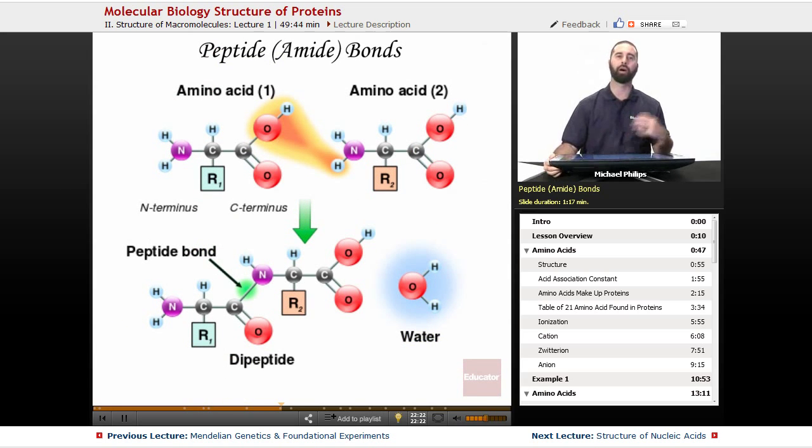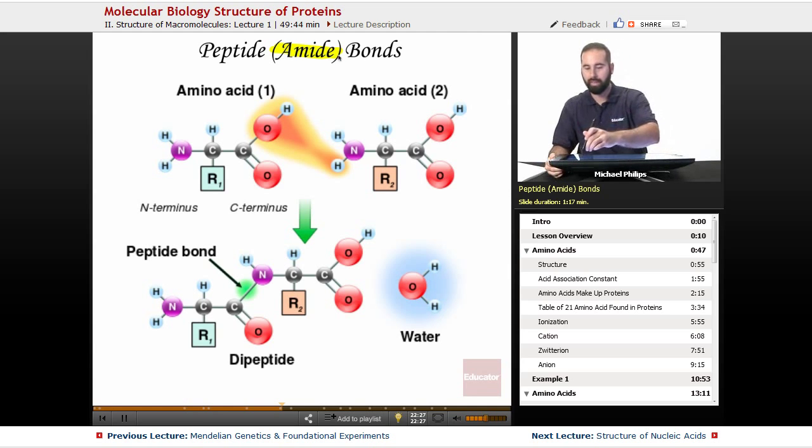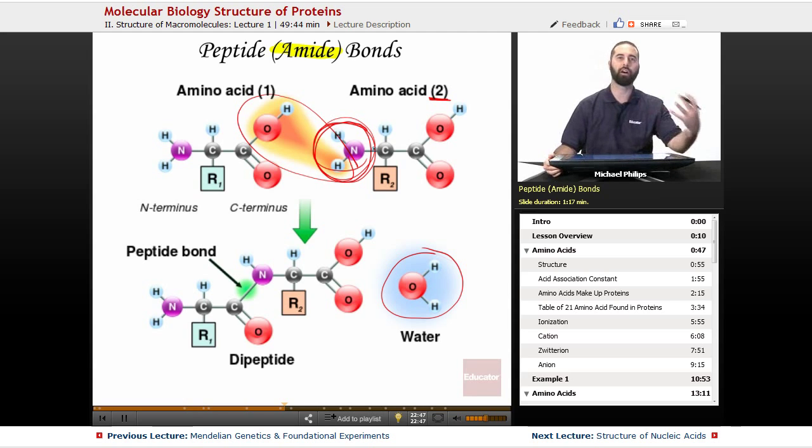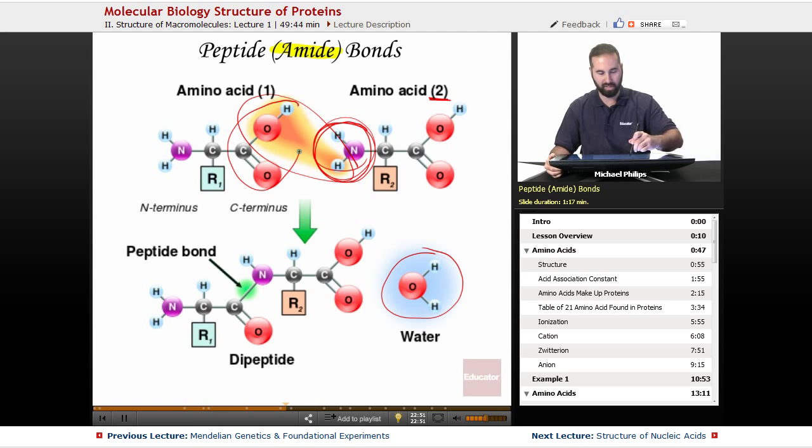Now, our peptide bonds are also called amide bonds, as we stated earlier. And remember, they come from a condensation reaction where water leaves. All right, so the incoming amino acid, 2, makes a bond using its nitrogen, right? So it's an amine group with the already existing amino acid 1's carboxylic acid group. All right?